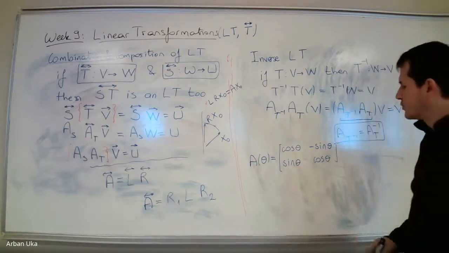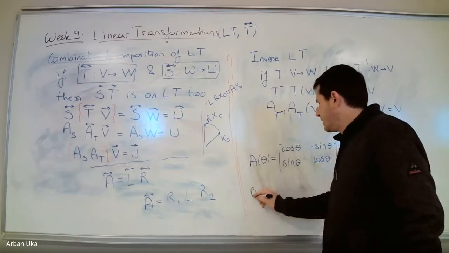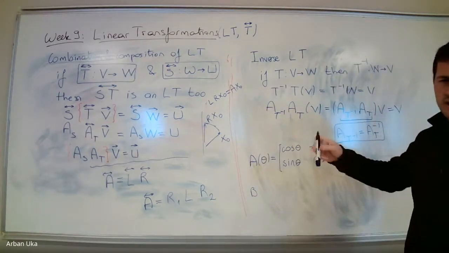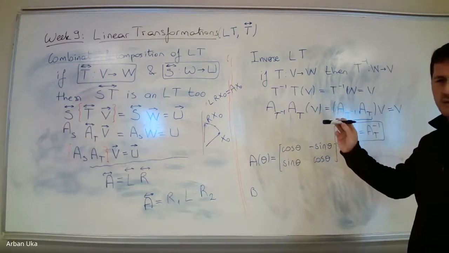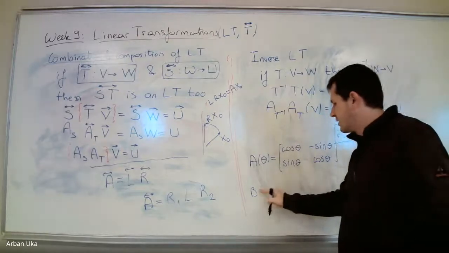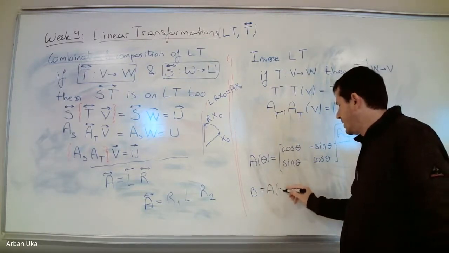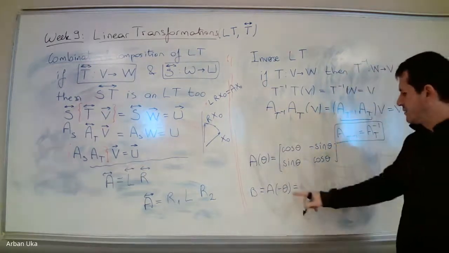Then, without going into too much detail, let's try to define another transformation which brings the vector back. So we had the vector 0, 1, we rotated by angle theta, and we want to bring it back. We define this one as A minus theta. So what would A minus theta be?